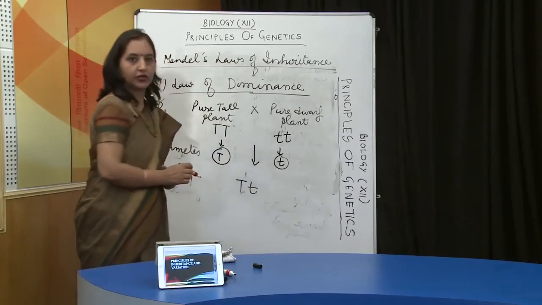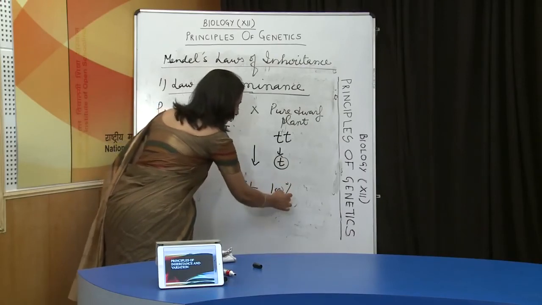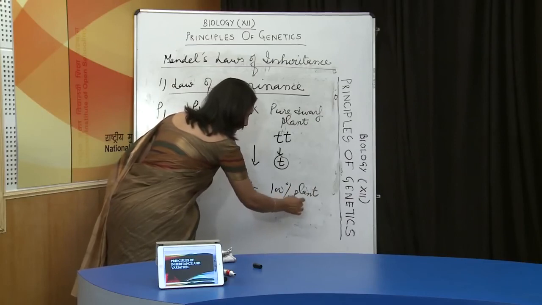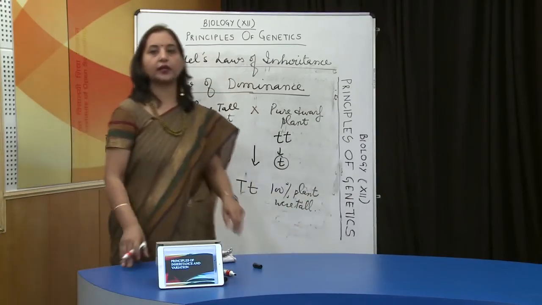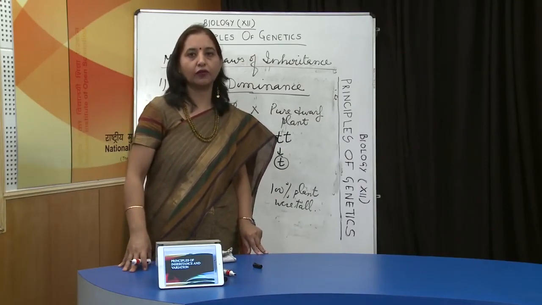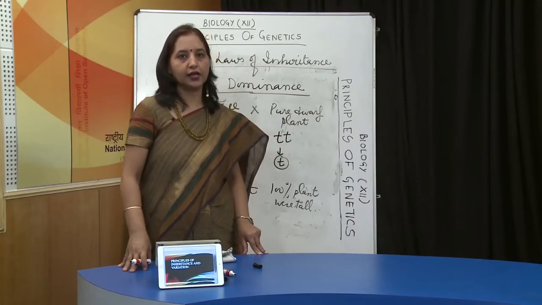And this is the first generation wherein the 100% plants were found to be tall. This showed that the character of tallness is dominating over the character of shortness or dwarfness. This is what is called the law of dominance.